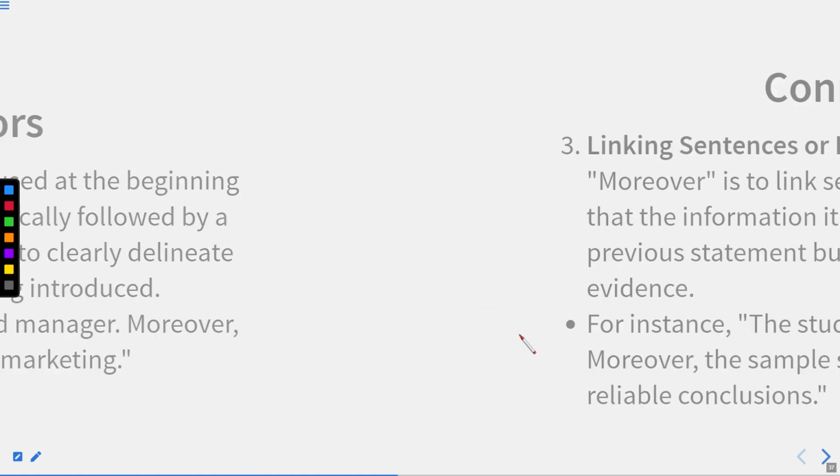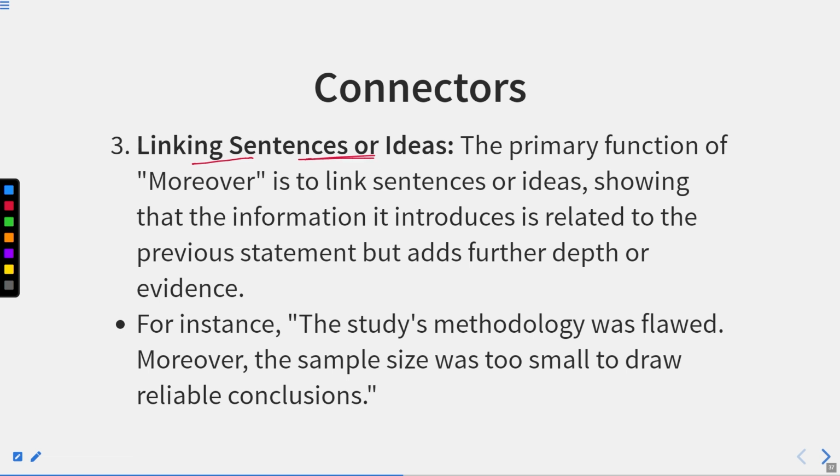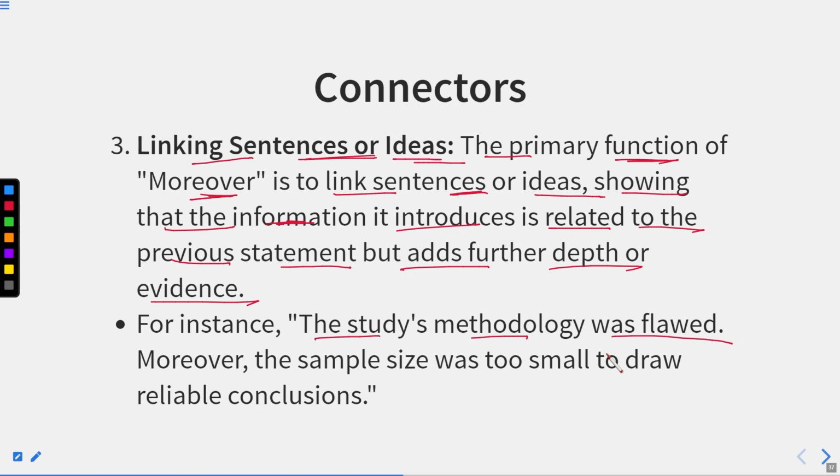Okay. Now, linking sentences or ideas. The primary function of moreover is to link sentences or ideas, showing that the information it introduces is related to the previous statement but adds further depth or evidence. For instance, the study's methodology was flawed. It means it was full of errors. Moreover, the sample size was too small to draw reliable conclusions.